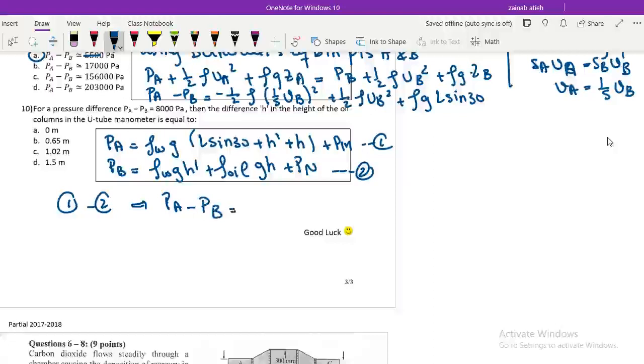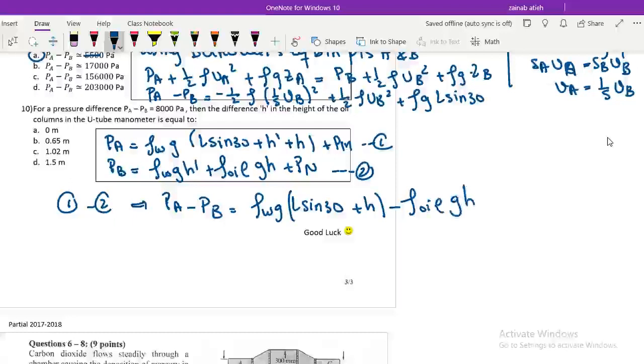So PA minus PB: rho water G H prime goes away with rho water G H prime, so I shouldn't care about it. I will get rho water G L sin 30 plus H minus rho oil G H. Everything else disappears. I will arrange a little bit.